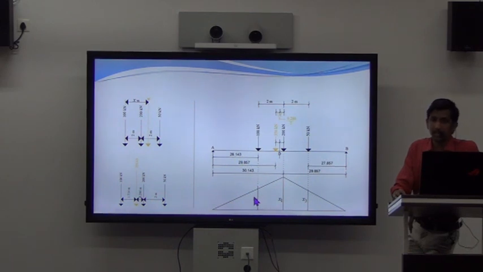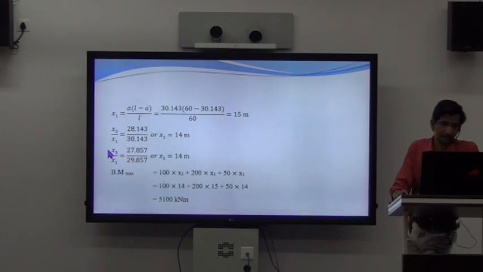Therefore x2 by x1 equals 28.143 divided by 30.143, and you already know x1 was obtained to be 15 meters. Substitute that and find x2. In this case x2 will come around 14 meters.